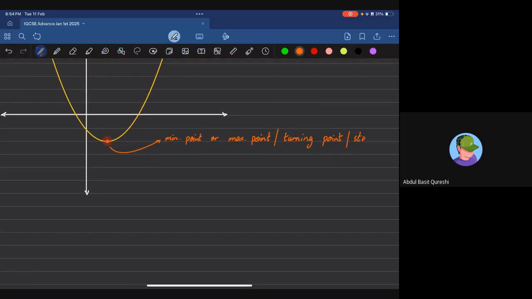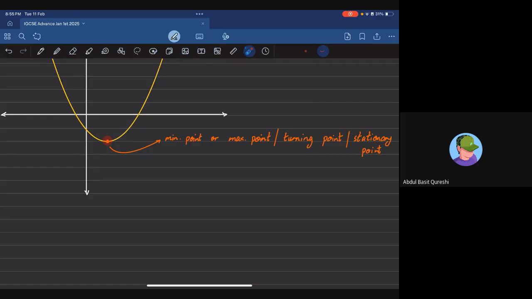Why is it known as your stationary point? I still don't have any idea, but you can call it that. I think it's because it's not going anywhere. It's rested at the top, stationary. All right. This is your minimum, maximum point, your turning point, and your stationary point.